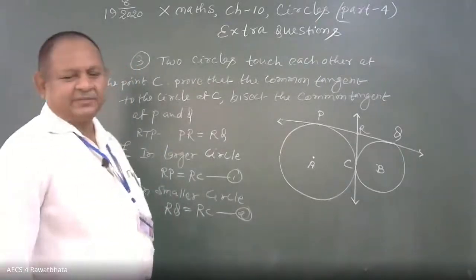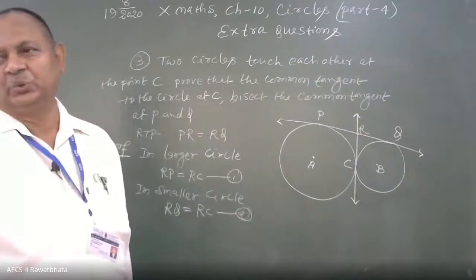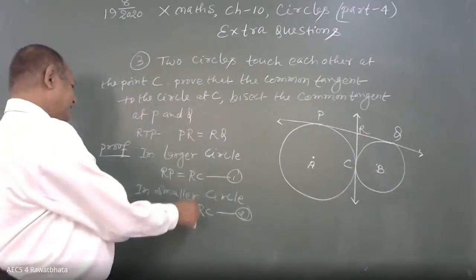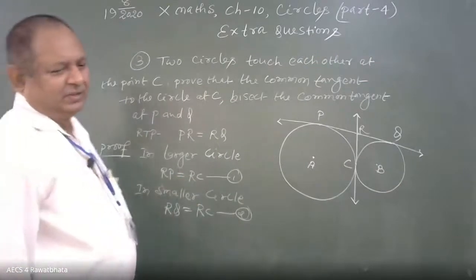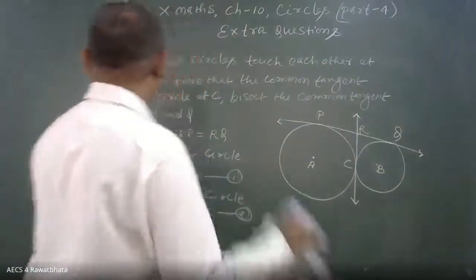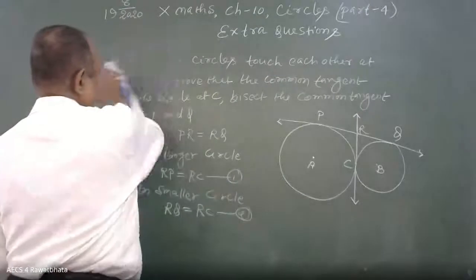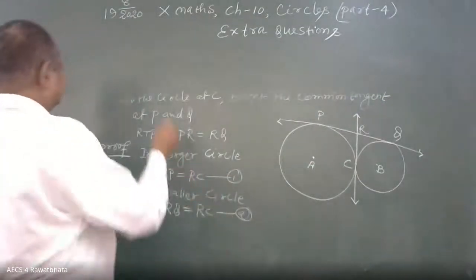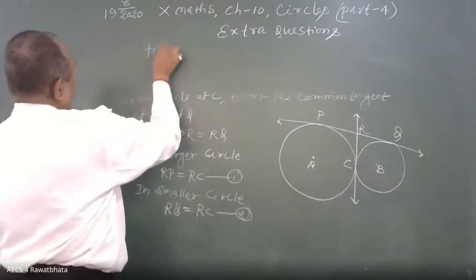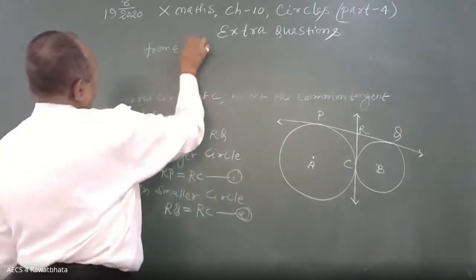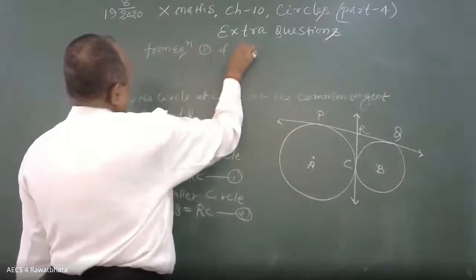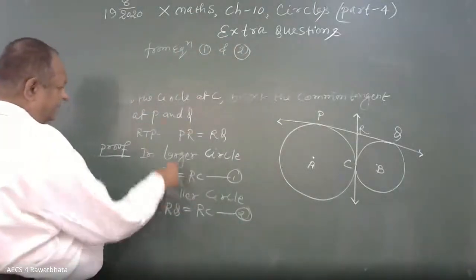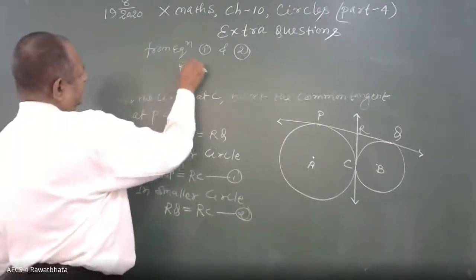So from equations 1 and 2, the right hand sides are equal, so the left hand sides will also be equal. From equations 1 and 2, we have RP is equal to RQ.